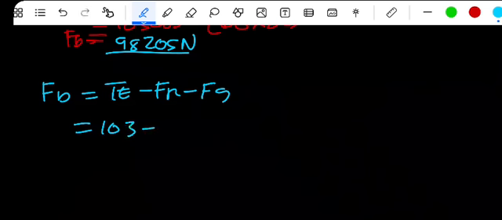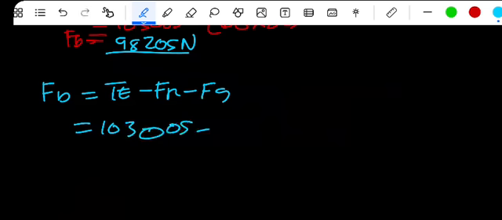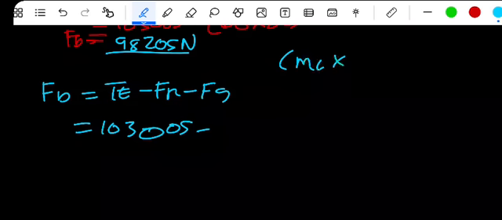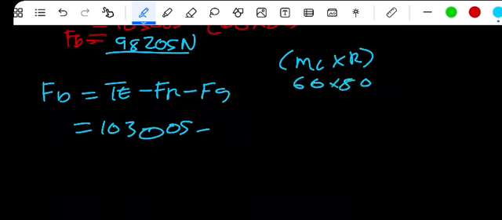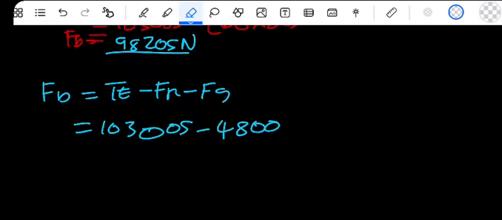FR is the mass multiplied by R. 60 times 8 is 480, 4,800 by the way.